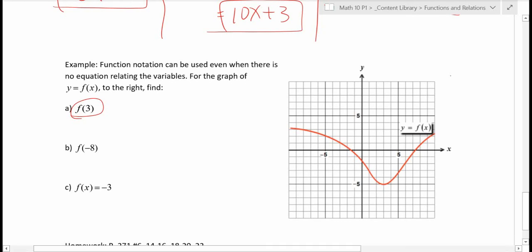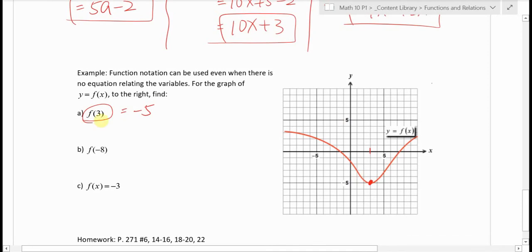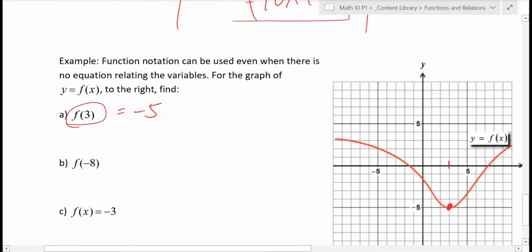So if we look at this graph, when x equals 3, that's right here, the y value it produces, it looks like, okay, now this is just some random graph, so we're just going to estimate. I don't think it's exactly this point, but we'll just say close enough. This is actually negative 5. So that is the y value when x is 3. Again, f of 3 means what is the y value when x is 3.